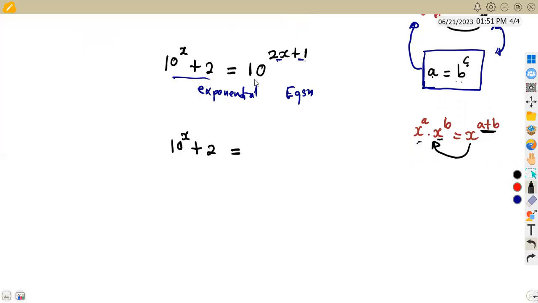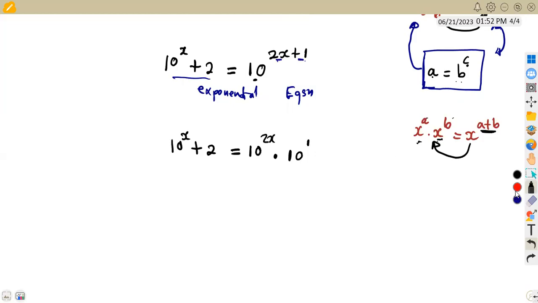So meaning to say here we are multiplying 10 to the exponent of 2x multiplied by 10 to the exponent of 1, just like x to the exponent of a times x to the exponent of b. So now if you check, this is an equation where we can choose to let 10 to the exponent of x be equal to a certain term.